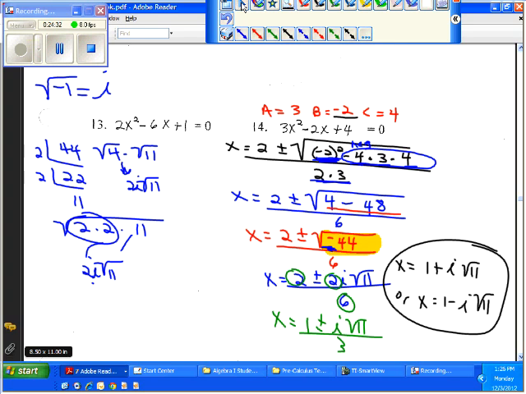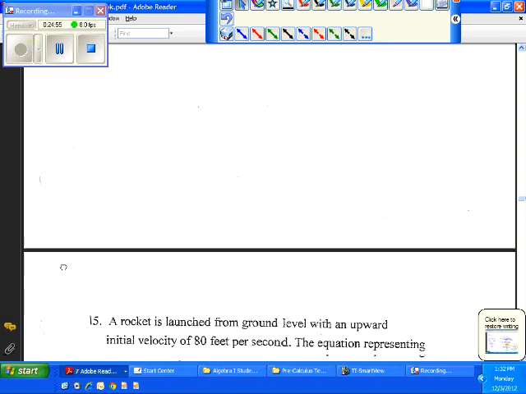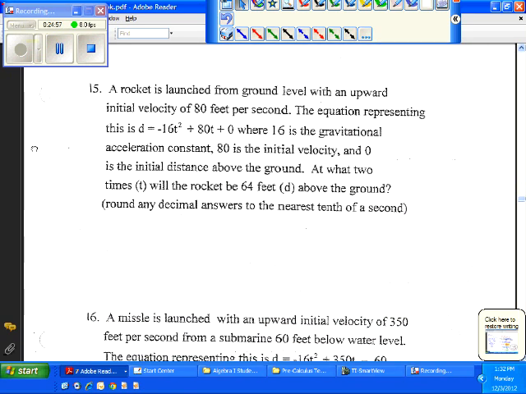Oh, I lost my 3. Over 3, over 3. Thank you. In my mind, I thought, well, we canceled out the denominator. And I didn't look back. I don't know why I thought that. Any questions on that? So we've dealt with real rational roots, we've dealt with real irrational roots, and we've dealt with imaginary roots. Okay?